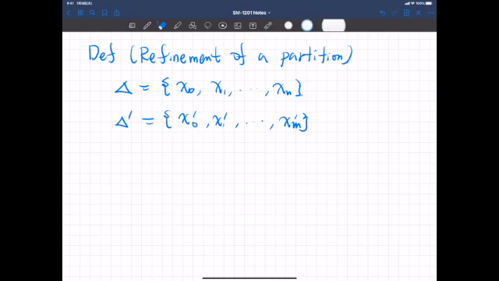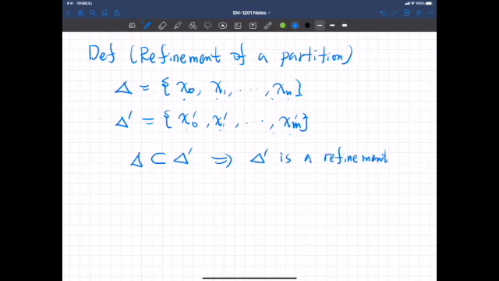So the number of elements of delta and delta prime are different. If we look at these partitions as sets, then if delta is a subset of delta prime, that means each of these elements in delta corresponds to one of these elements in delta prime. So if this is the case, then we say delta prime is a refinement of delta.